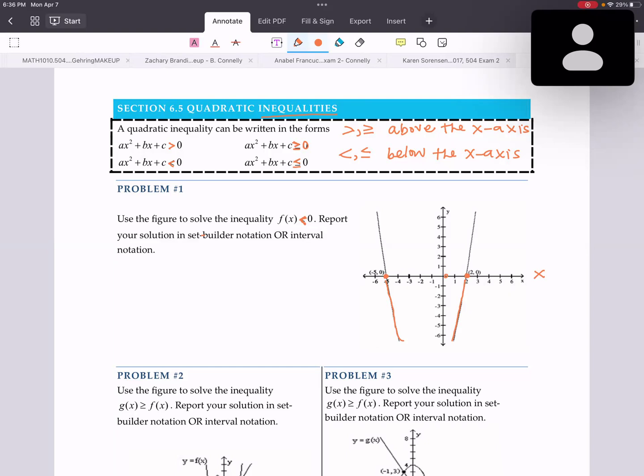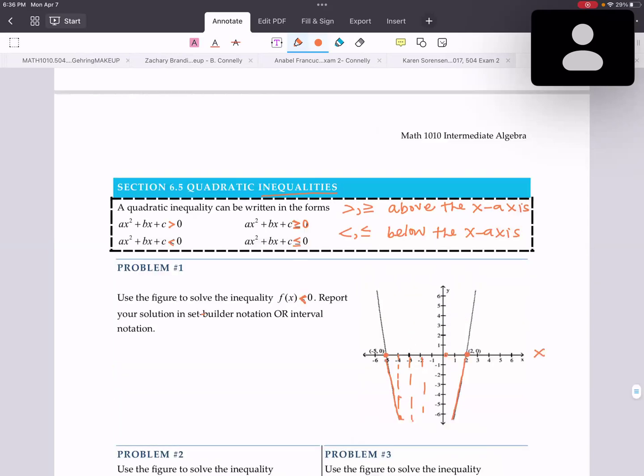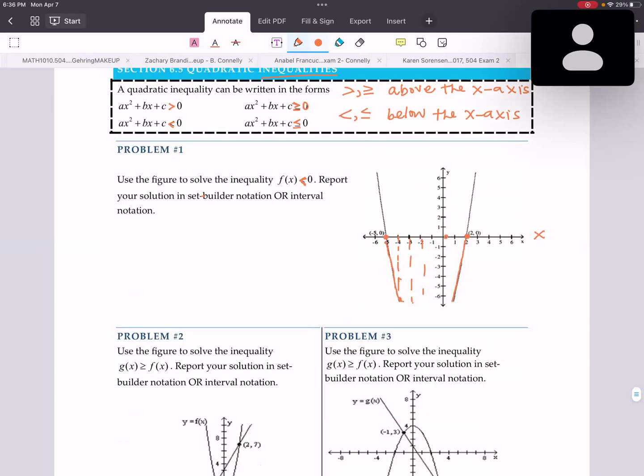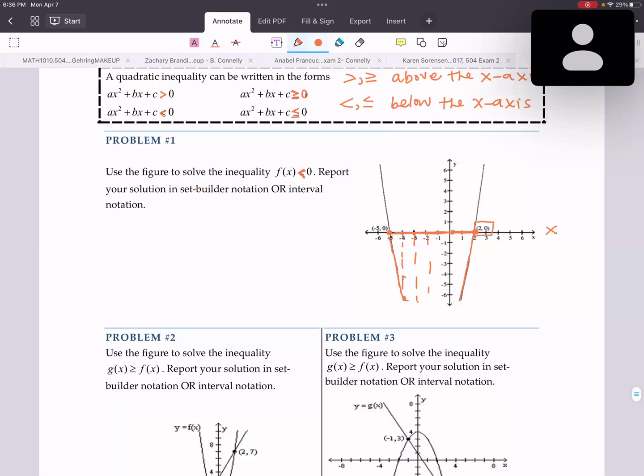All right, well, -4 corresponds down here, -3, -2, -1. So I'm just trying to get you to see that it's all of the stuff in between those 2 points that we found. They said 2, 0 is one of the x-intercepts there.